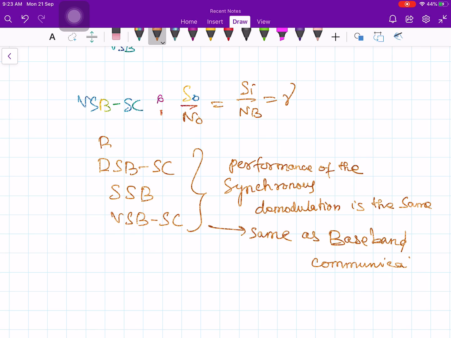There is no improvement as far as noise is concerned. So really you are not achieving anything in terms of SNR performance. When you are doing amplitude modulation, you are not achieving anything in terms of signal to noise ratio performance. That is the message, and that is the moral of the story.